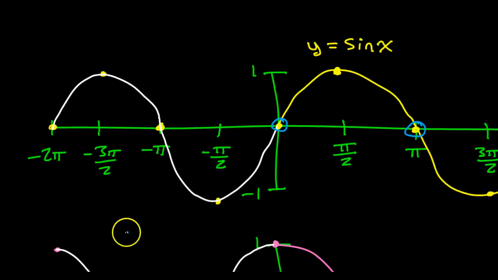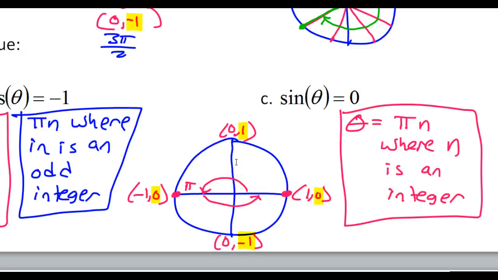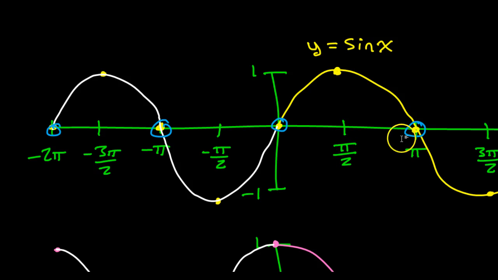And it would be the same thing in the negative direction. Negative 1 pi and negative 2 pi is 0 at all the pi's. So pi n, where n is an integer. That's the same conclusion we got by looking at the unit circle, the same way of thinking of it when we look at the graph.